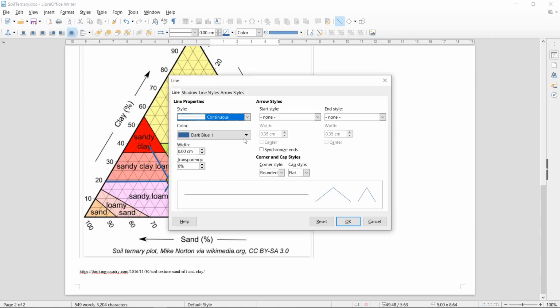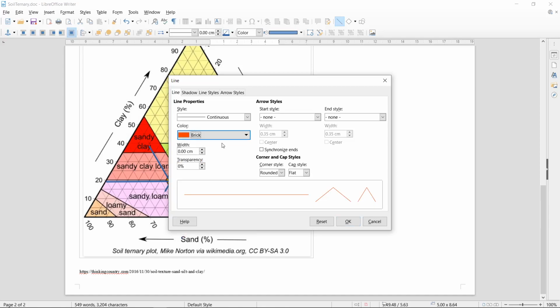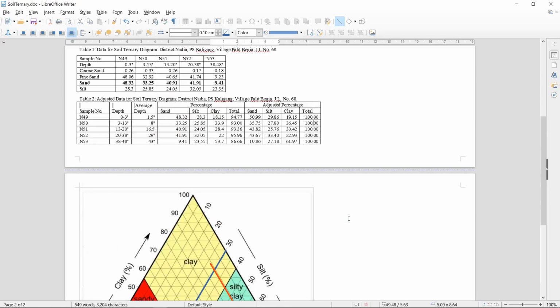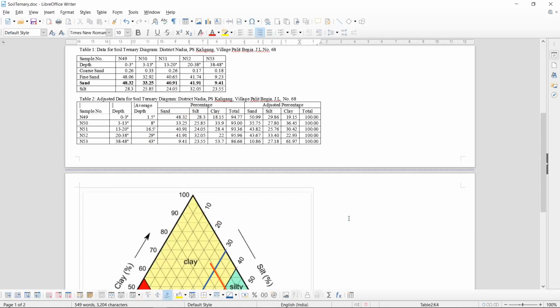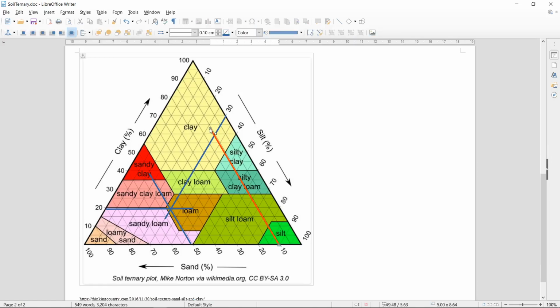Let's change its color so that we can differentiate from the other sample. Then we had a silt of 27%. So 27 percent of silt, I believe we need to increase the line.